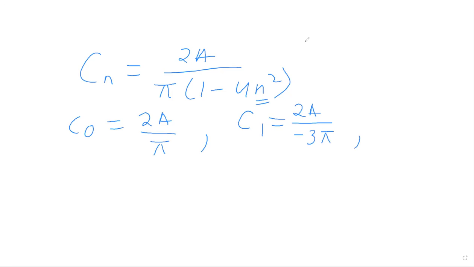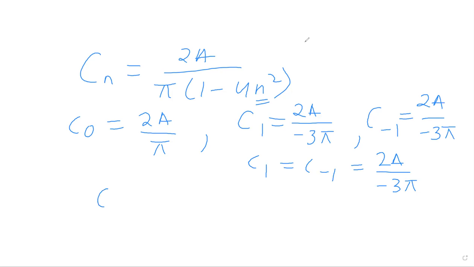Whereas if you put minus 1 in place of n, that is going to be the same, 2a by minus 3 pi, because n square means minus 1 or plus 1 is going to be the same. So C1 is equal to C minus 1, which is 2a by minus 3 pi.